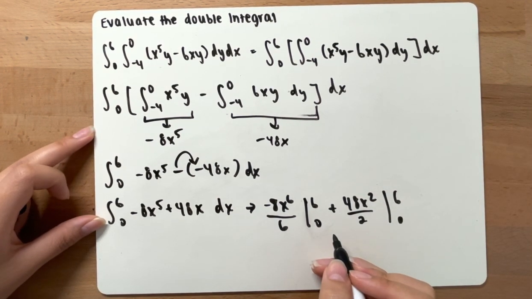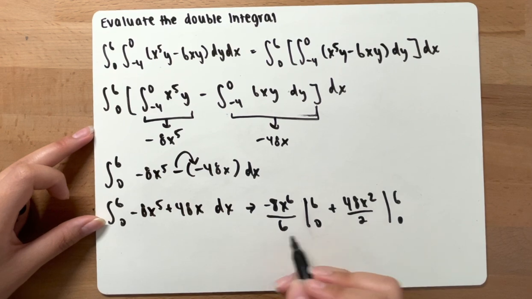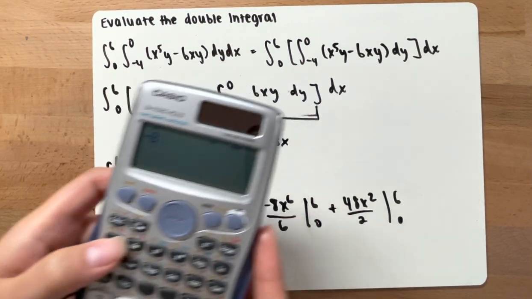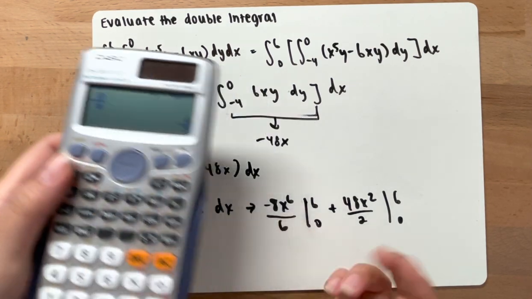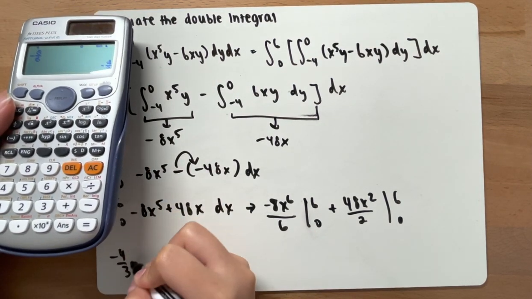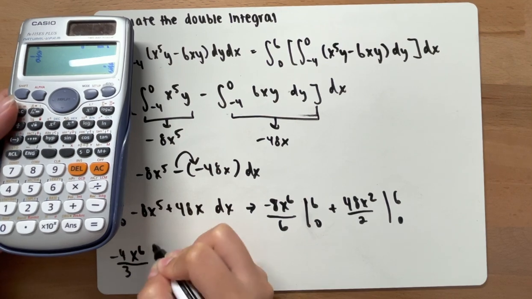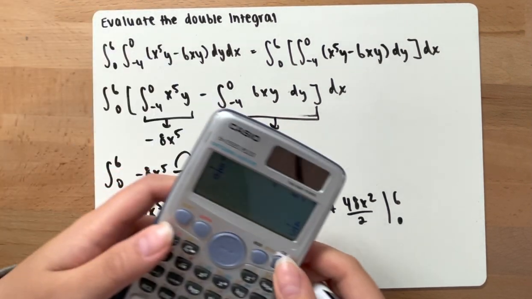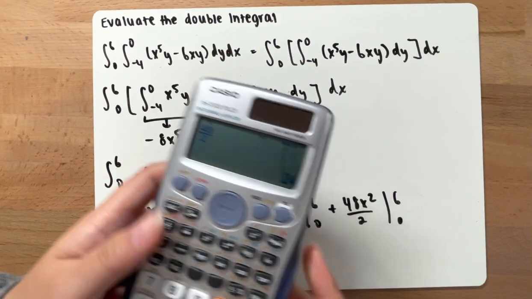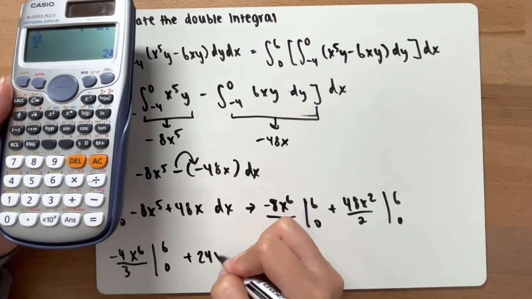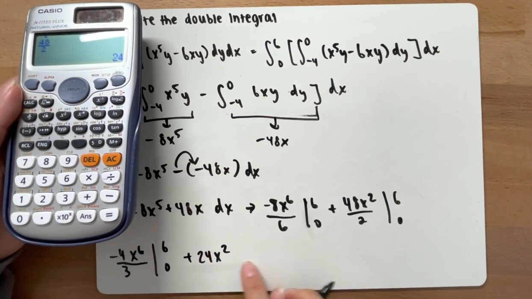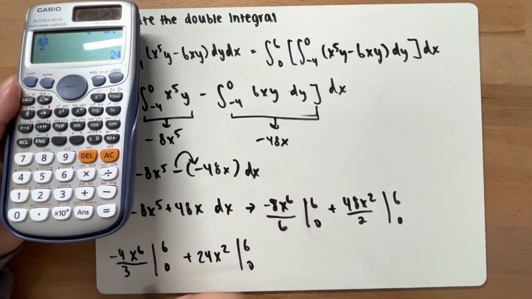Therefore, if we simplify these two, -8 over 6, you get -4/3. Okay. And 48 over 2, you get 24x squared, 6 to 0.